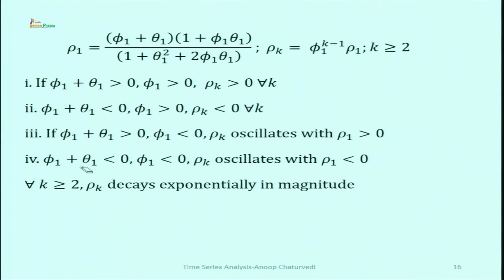If phi 1 plus theta 1 is less than 0 and phi 1 is also less than 0, then since phi 1 plus theta 1 is less than 0, rho 1 is negative, and again phi 1 is also less than 0. So, rho k oscillates with rho 1 less than 0. For all k greater than or equal to 2, rho k decays exponentially in magnitude, just like the autocorrelation function of AR(1) process.